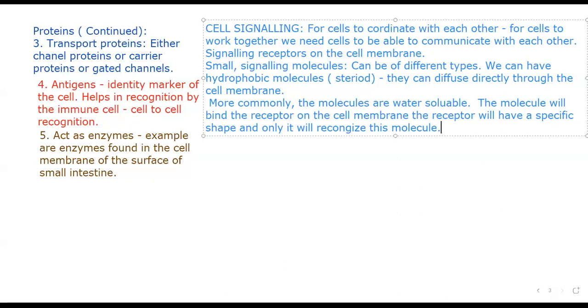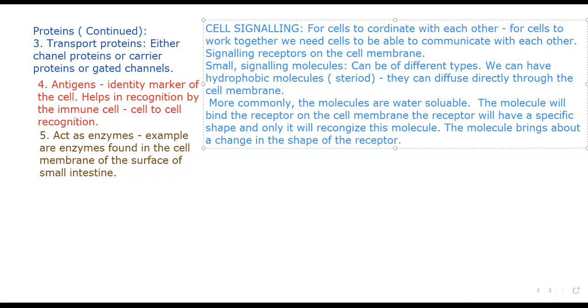The rest of them will not be able to. Now, what happens? The molecule brings about a change in the shape of the receptor.